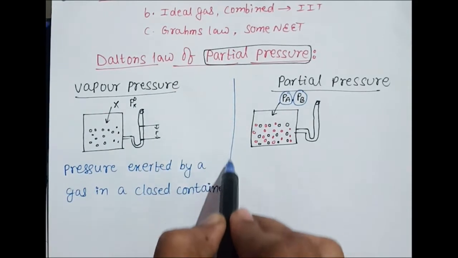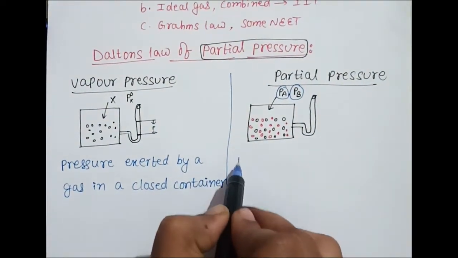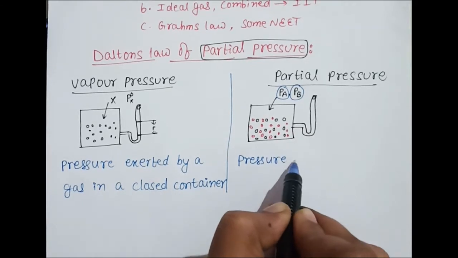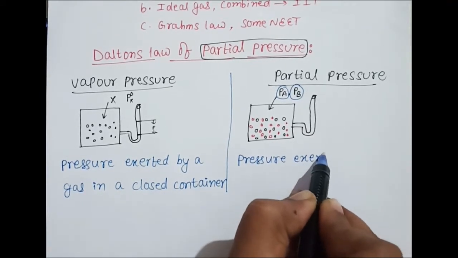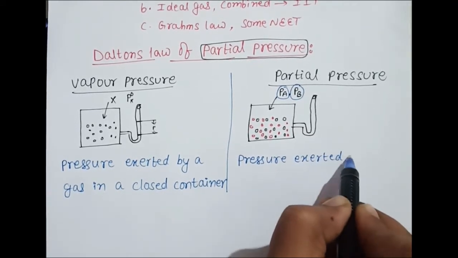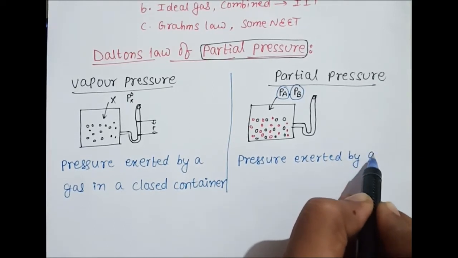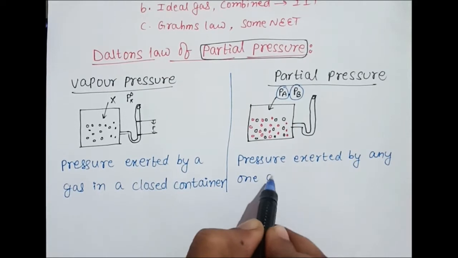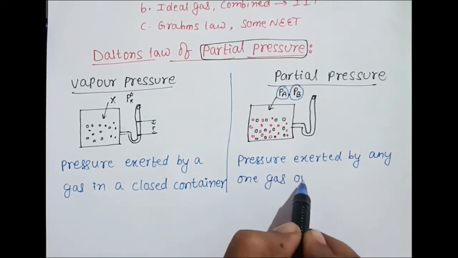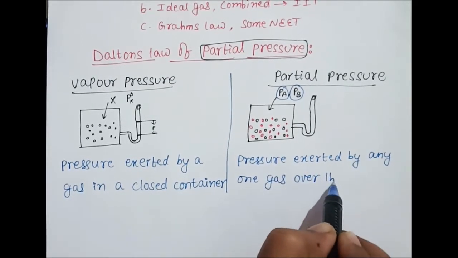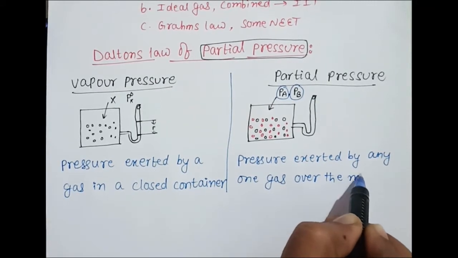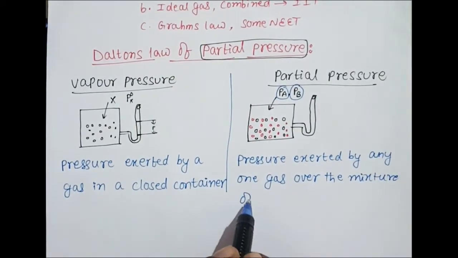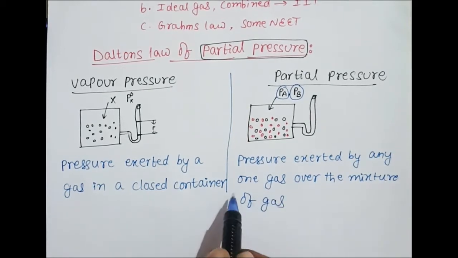Now partial pressure, how can you define? It is the pressure exerted by any one gas over the mixture of gases, and that is called partial pressure.